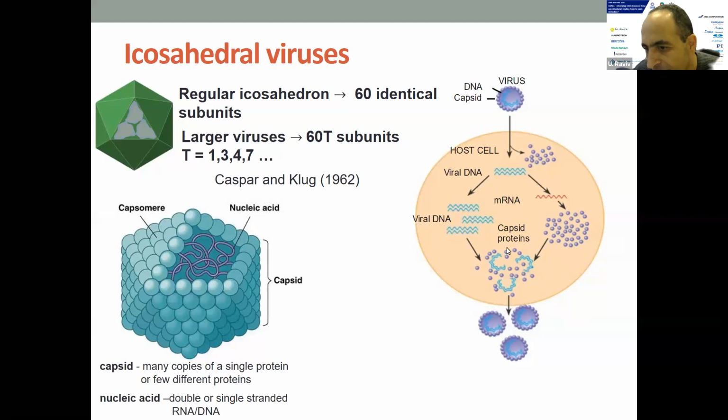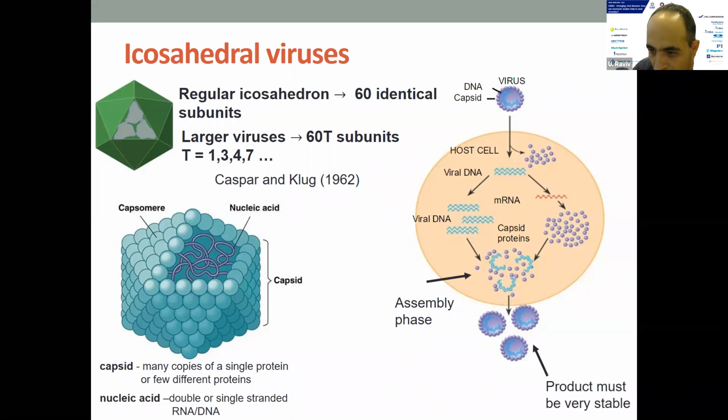And eventually in the life cycle, there is the assembly. Several copies of the same virus have to assemble in the cell and eventually get out of the cell. So this is the assembly phase where we will focus in today's talk.